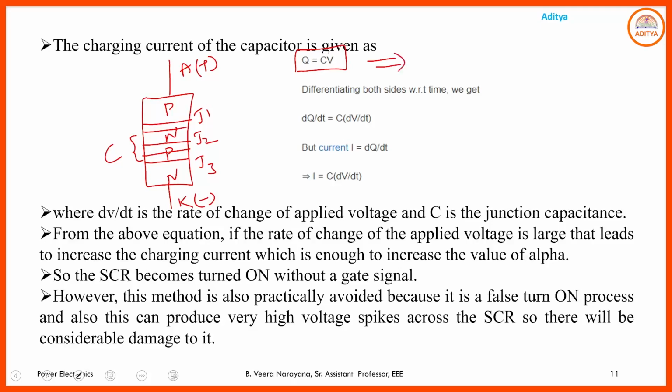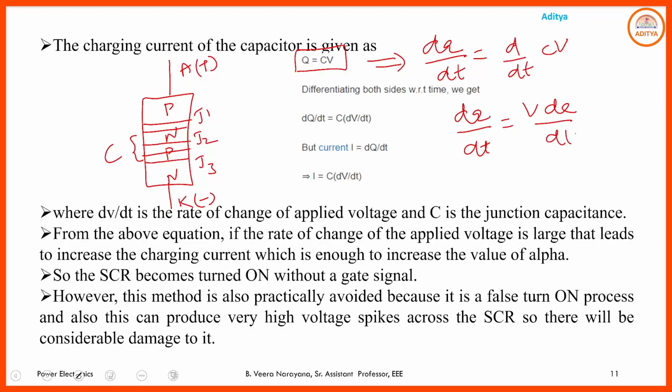So actually here you have dq by dt equals d by dt of CV. By simplifying this expression, dq by dt equals V into dC by dt plus C into dV by dt.